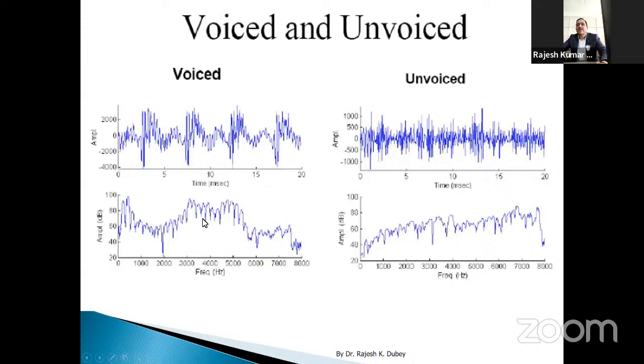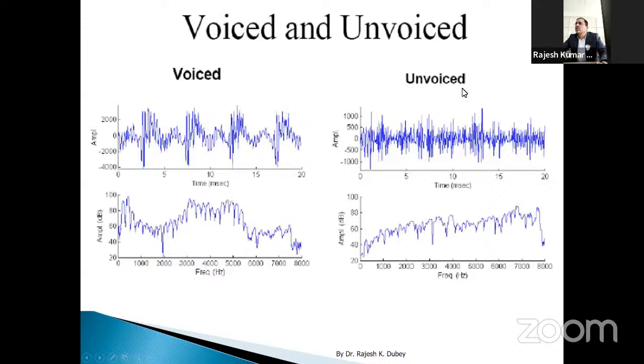We'll see it in the frequency domain. After taking the Fourier transform, it will be something like that. The envelope is there, and this pattern is there. It is in a lower frequency range; you can see 1000, 2000, 3000, so this is in the lower frequency range up to 8000, and the magnitude is higher.